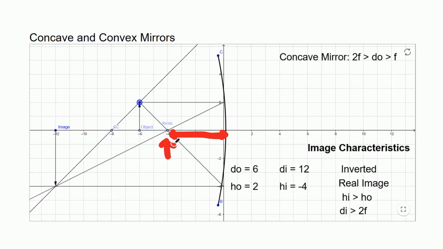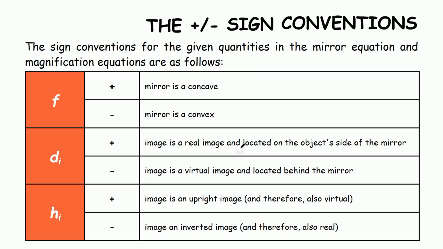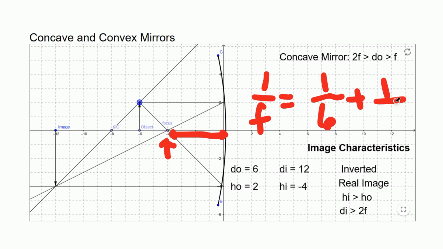But assuming we don't know that yet, let's just use this equation first. So 1 over do plus 1 over di. Let's simply substitute. So 1 over f is equal to 1 over our do, which is 6, plus 1 over 12.